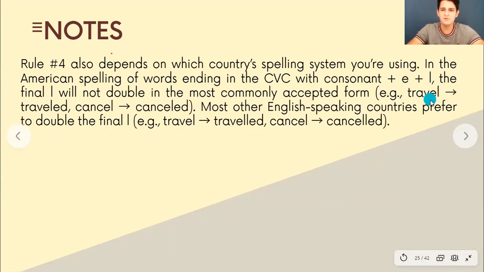For example, travel, it's traveled. Cancel is canceled. But that is in American spelling. But in some other countries, we have travel with double L and cancel with double L, okay? So it also depends on the country, guys, the spelling.